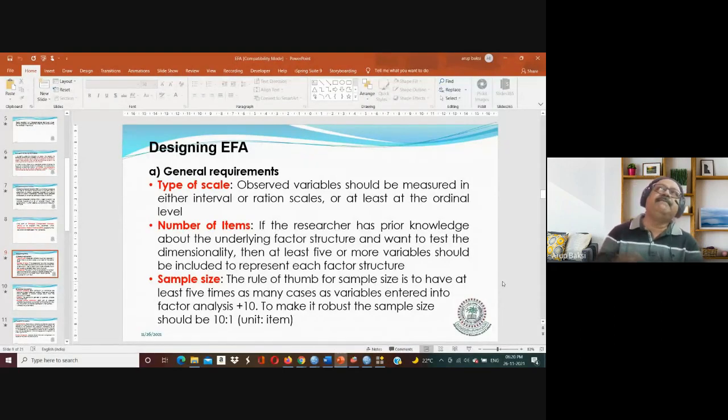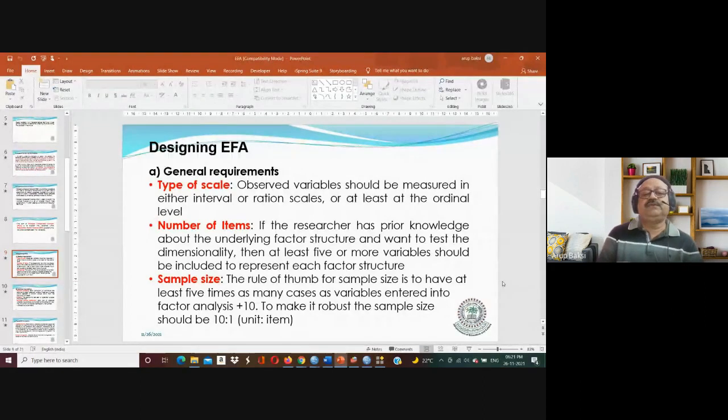Otherwise, in the sample adequacy test, there is a test in factor analysis called the KMO test, the Kaiser-Meyer-Olkin test, that gives an output, and the benchmark is that anything over 0.7 is to be accepted as an indicator of sample adequacy. So anything below 0.5 means your sample is not adequate to conduct the factor analysis.